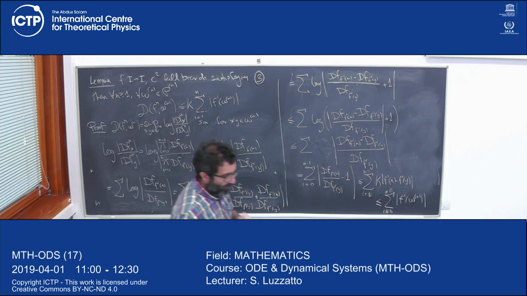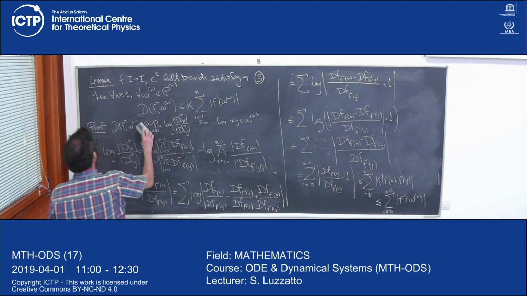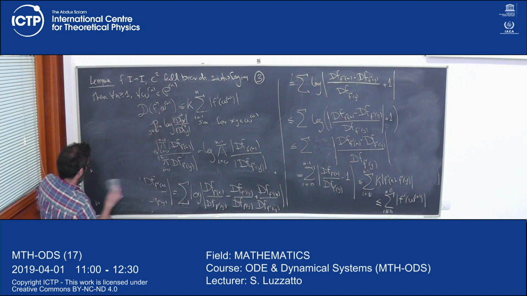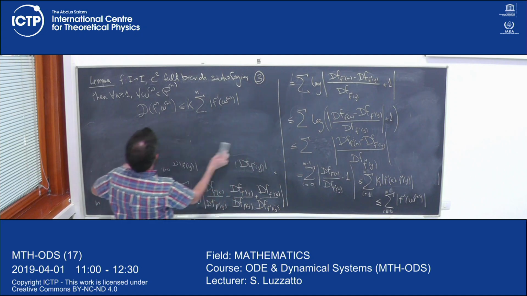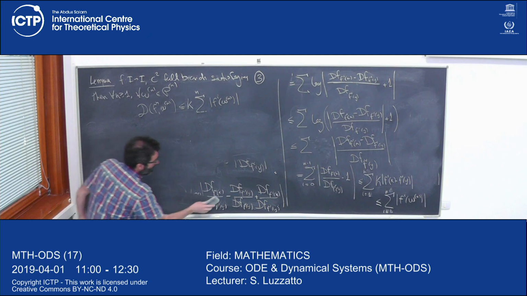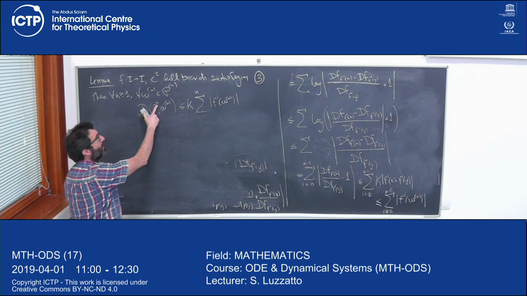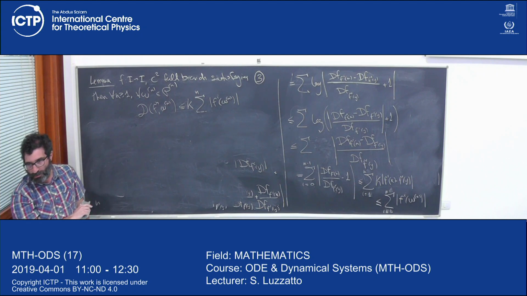To complete the proof of the theorem, to show that it has bounded distortion, exactly what we need to say is that this bound is uniformly bounded independently of n and independently of omega. That's exactly what we want to show.